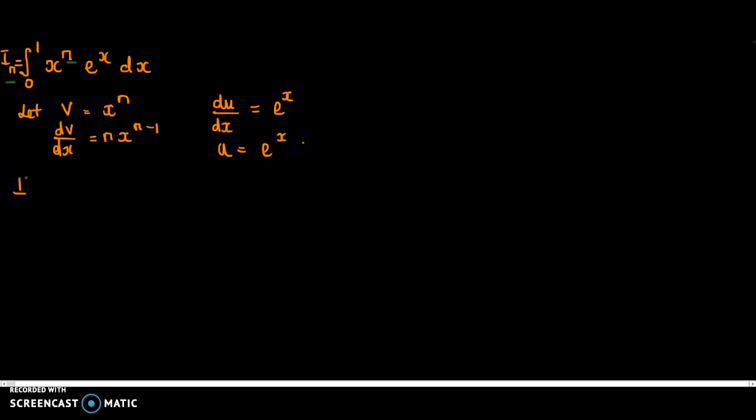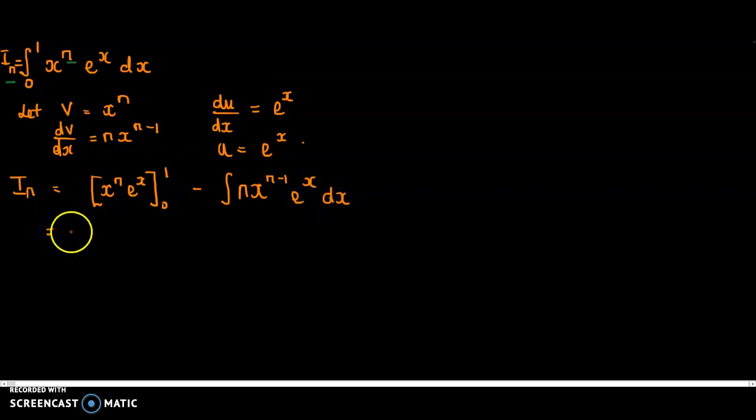So I n is going to be equal to uv, which is x to the n e to the x, evaluated between 0 and 1, minus now the integral of n x to the n minus 1 multiplied by e to the x dx.